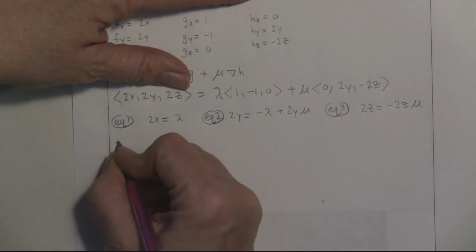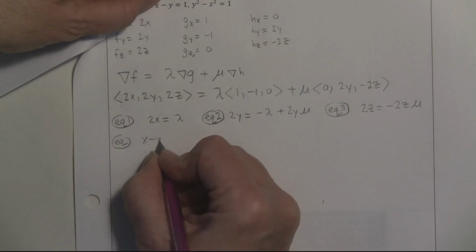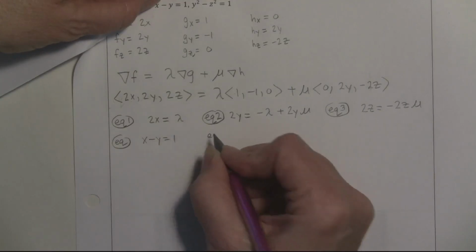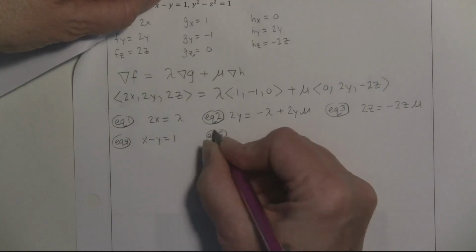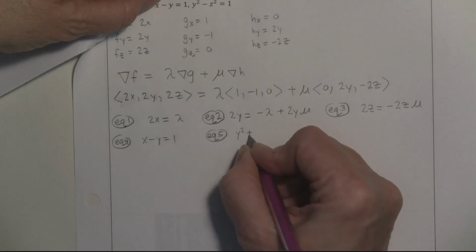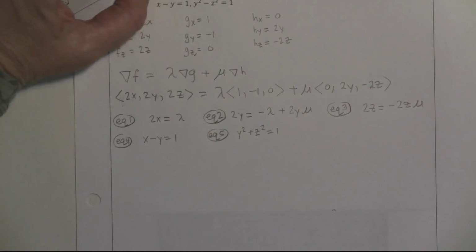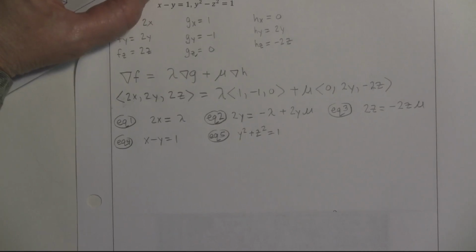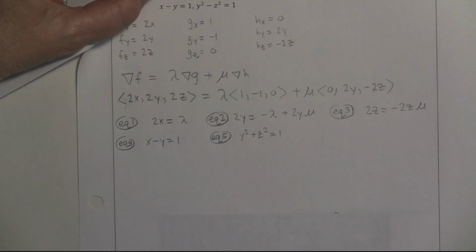And then we also have the constraint equations: x minus y equals 1, that's equation 4, and equation 5, y squared plus z squared equals 1. Okay, so now we're going to try to solve these equations, kind of going along and seeing how we do.